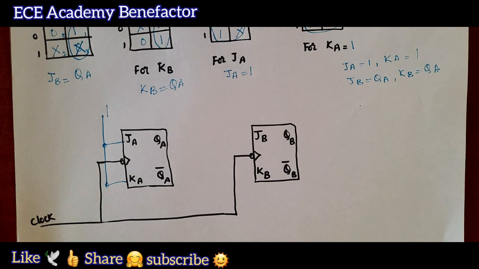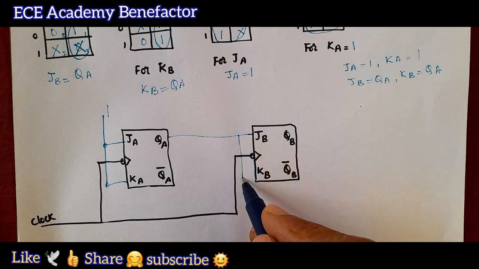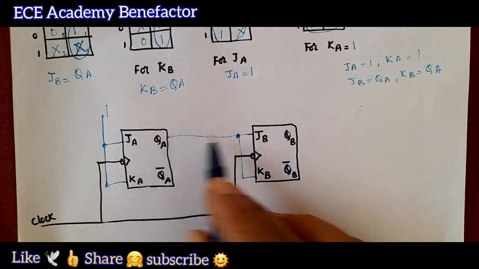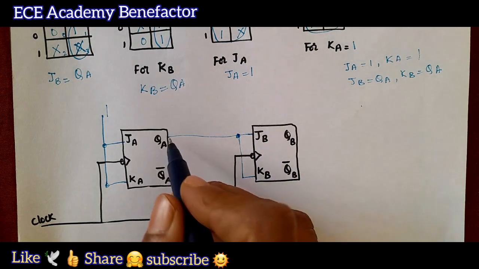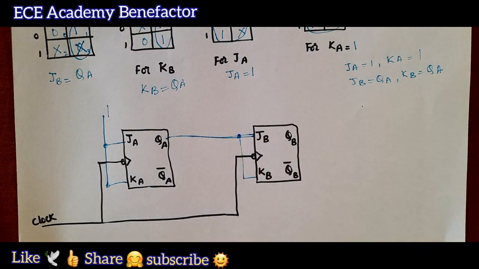Now JB, KB are connected to QA. So from QA they are connected to JB, KB. Let us darken this to tell that JB, KB are connected to QA. Okay, like this.